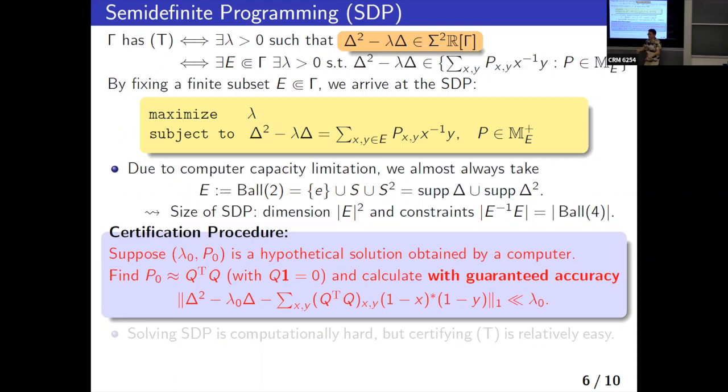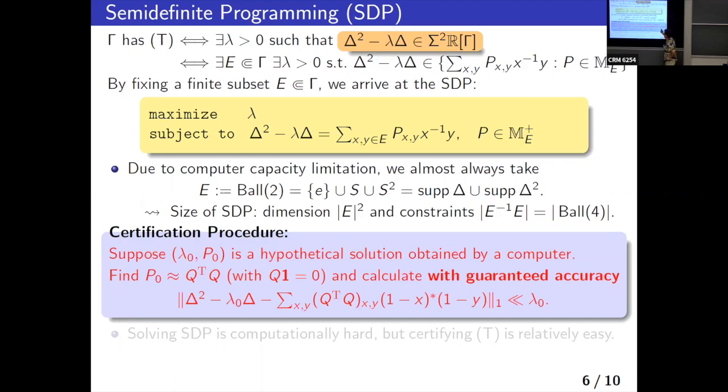P-naught may not be positive semi-definite. But then you can factor P-naught by its square root and calculate this L1 value with guaranteed accuracy, so that you either make everything rational numbers and do the symbolic calculation, which is costly, or you use interval arithmetic.